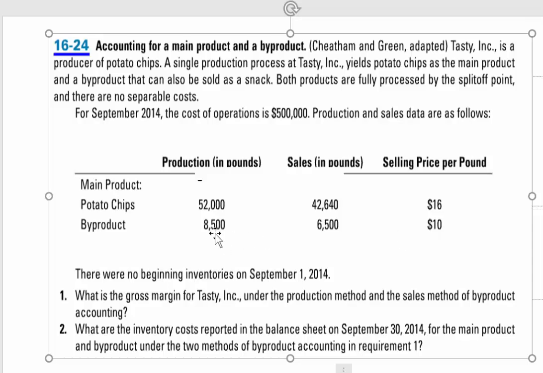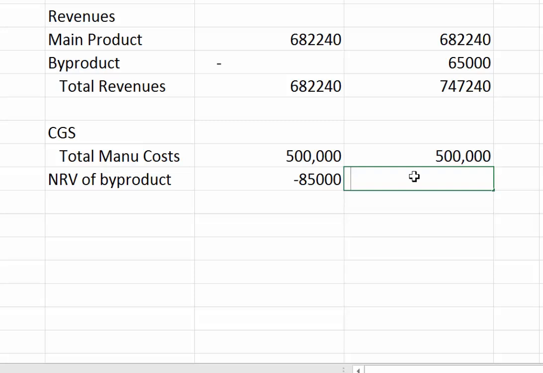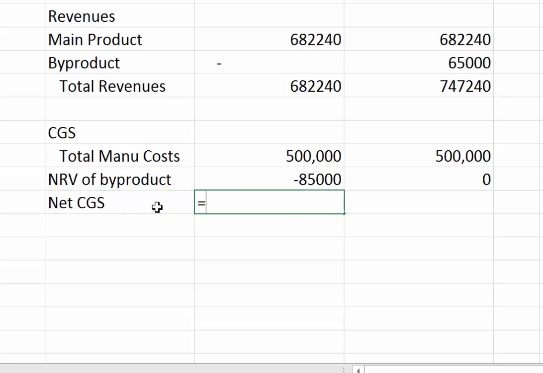So we multiply 8,500 by $10 to figure out the NRV value for the byproduct. So we have a negative 10 multiplied by 8,500. And for this NRV byproduct, we don't do anything. Therefore, the net CGS is available, which is a result of these numbers.